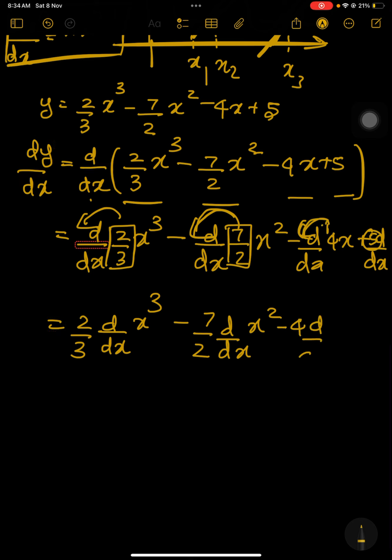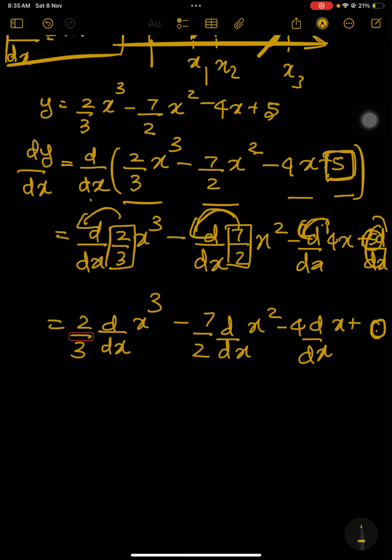For d over dx of the last term, there is no x part, right? It's just a constant, so it is 0. If you differentiate a constant, it is 0.